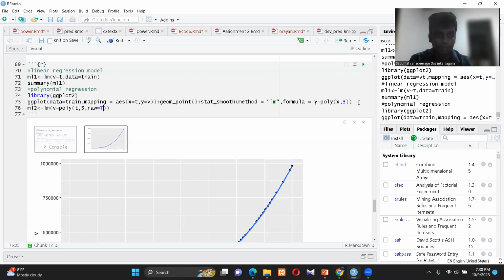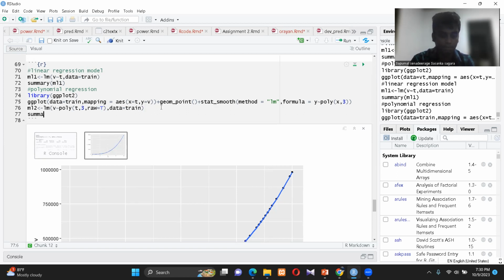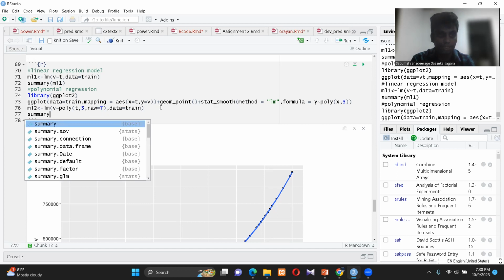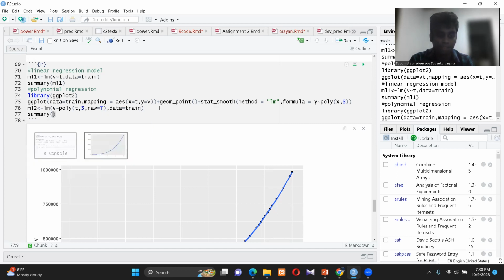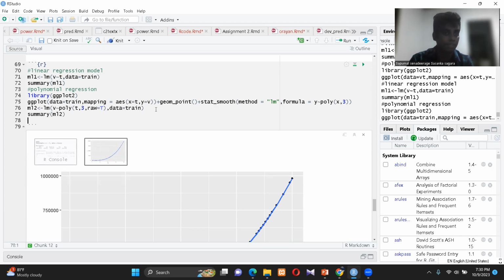Raw equals TRUE, right? Okay. Data equals train, right? Okay. Summary of the newly trained model, which is the polynomial regression, right?